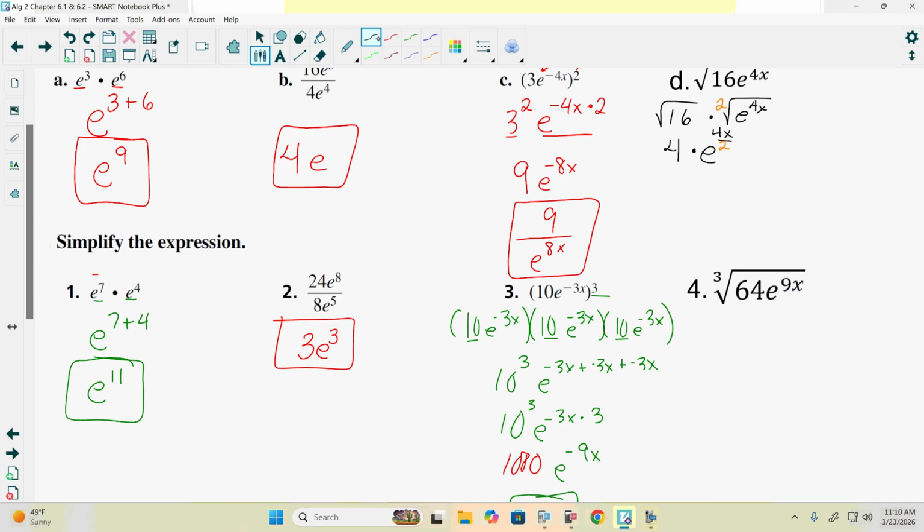Is that always going to be a 2? As long as it's a square root. On number 4, the index is 3 because it's a cube root, so it would be 9x over 3. Now 4x over 2, 4 divided by 2 is 2, so this is e to the 2x. We just took that exponent and divided it by 2.